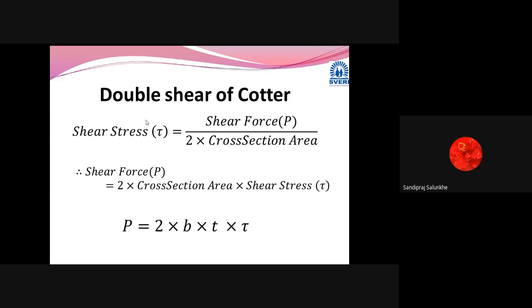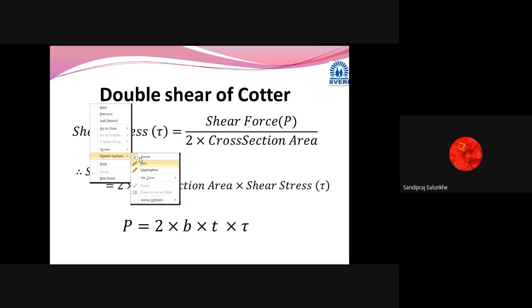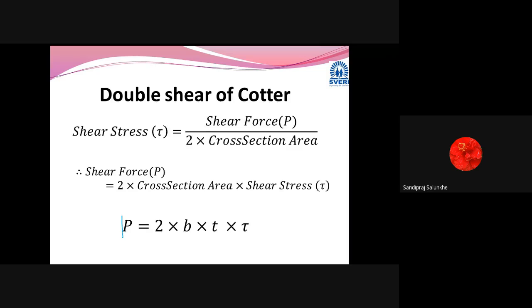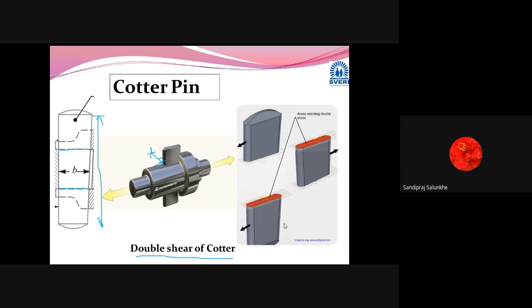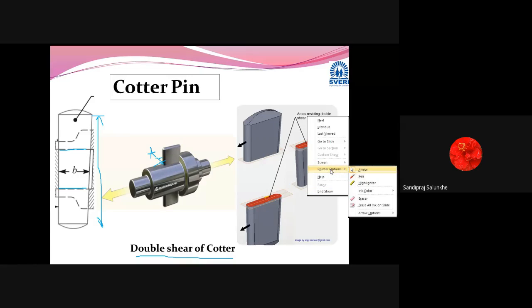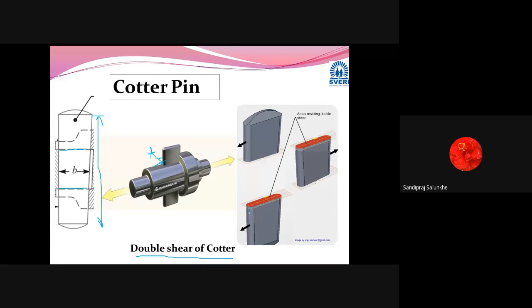Now, when we consider this formulae, P is equal to 2 multiplied by B, where B is the width, multiplied by T, the thickness of this quarter. Because when we calculate the area, at that time we have to consider this B as a width and this T as a thickness.